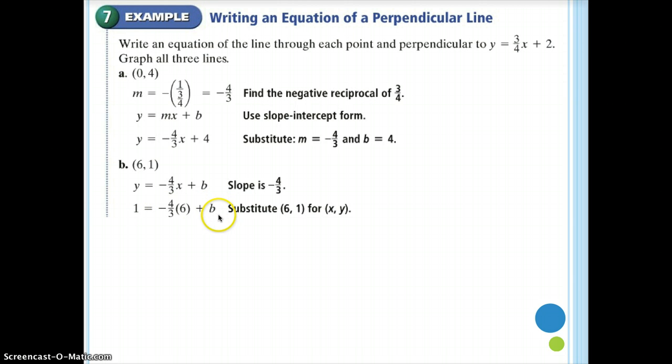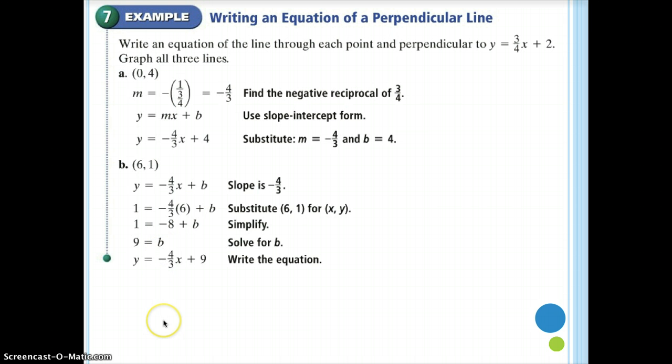Once we do that, we're solving for b. So we'll simplify here by reducing. 6 divided by 3 gives us 2. 2 times negative 4 gives us negative 8. And then we'll solve for b, which gives us 9. So our final answer here is y equals negative 4/3 x plus 9.